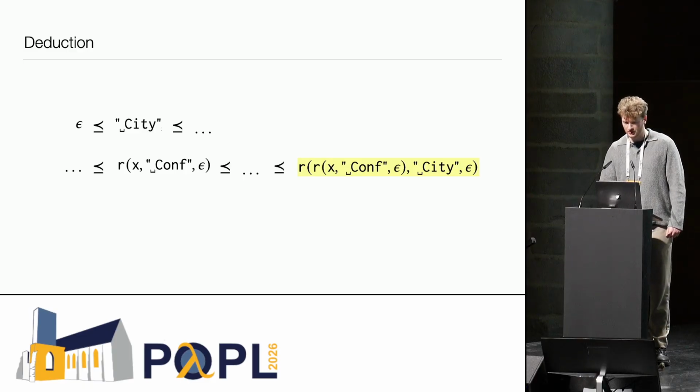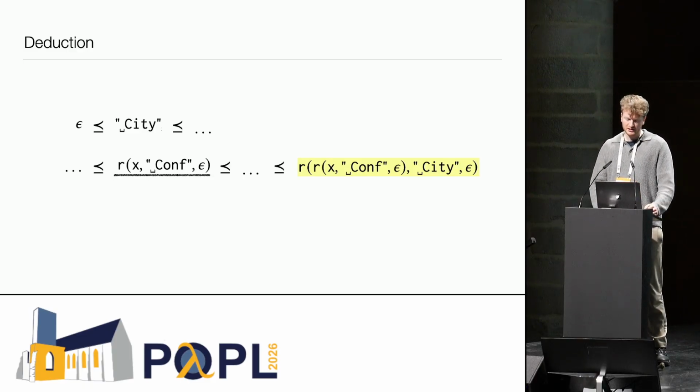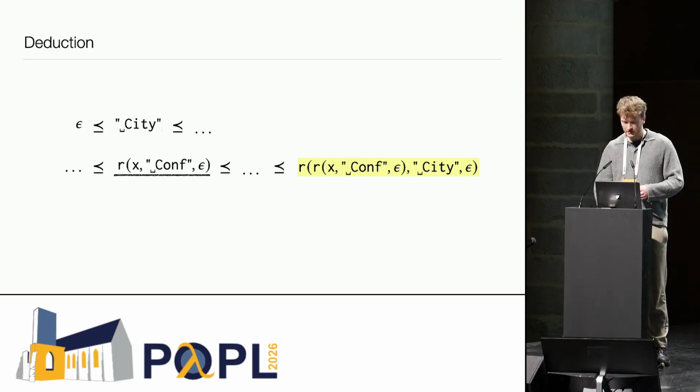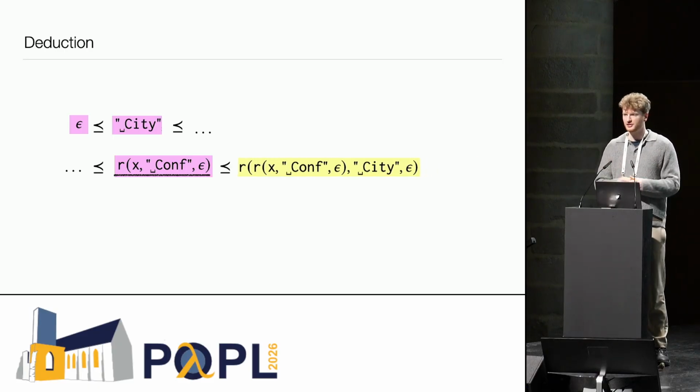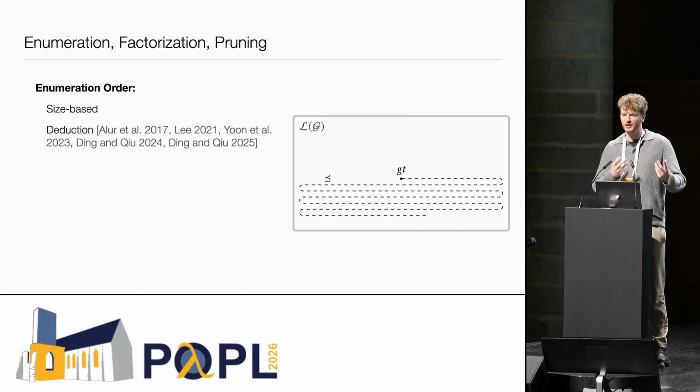And now deduction realizes at this point, we have enumerated all the components of our solution. And it will just move up the solution in our enumeration order so that the solution is the successor of the last component needed to build the solution. So it's just a change in the enumeration order from this abstract point of view.